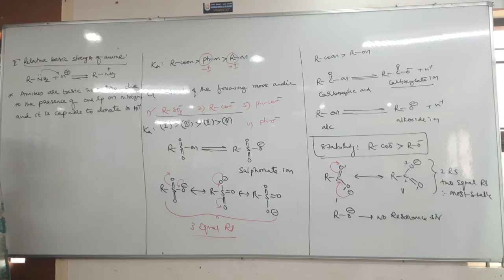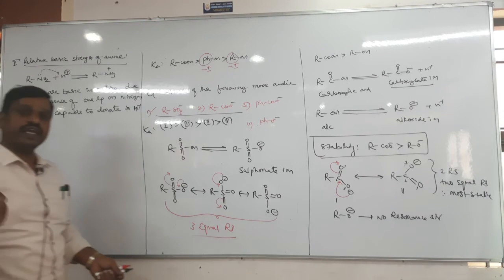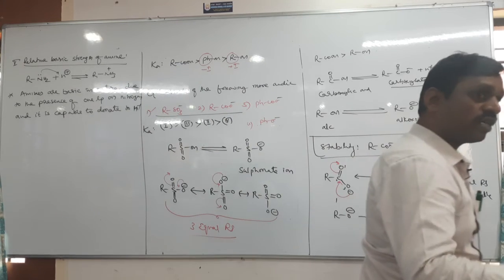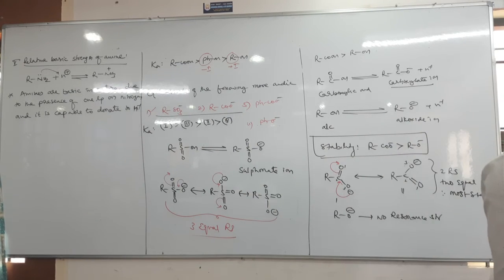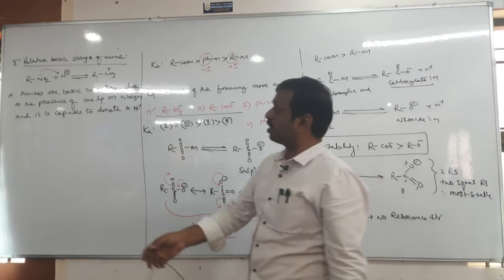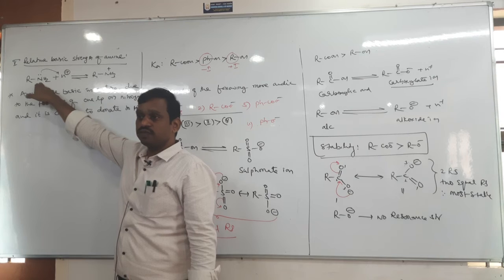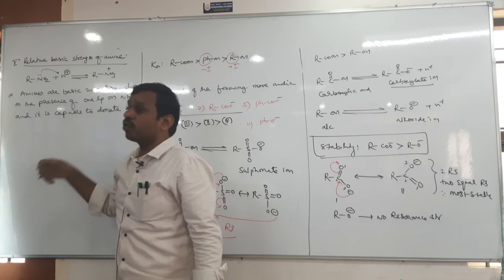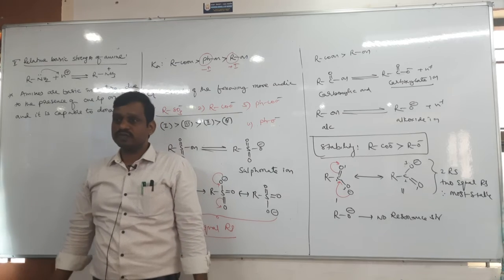But now, amines are basic in nature due to the presence of the lone pair. Now tell me, which group makes amines more basic? Electron releasing group, because electron releasing group makes this electron rich. If this is electron rich, it is able to donate electrons easily.